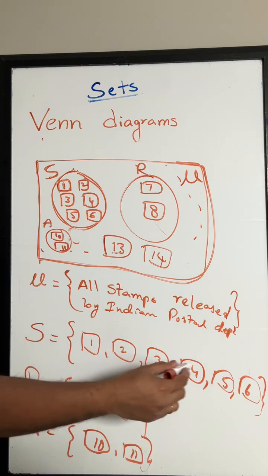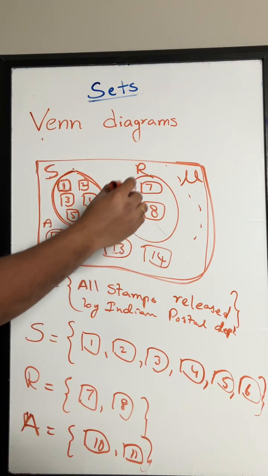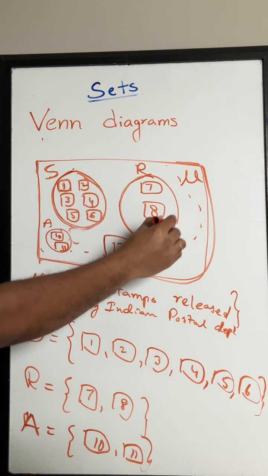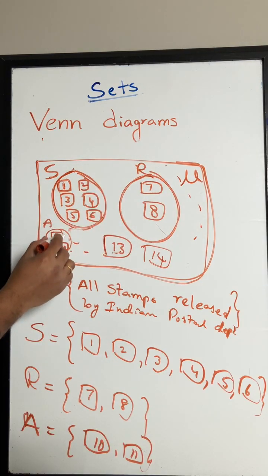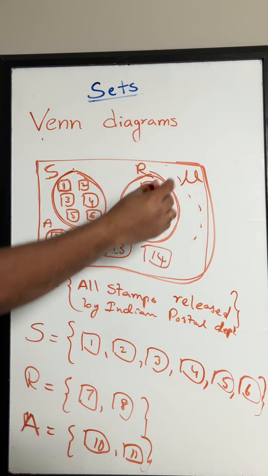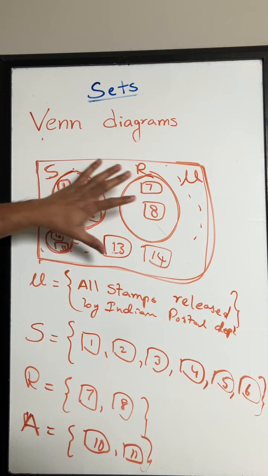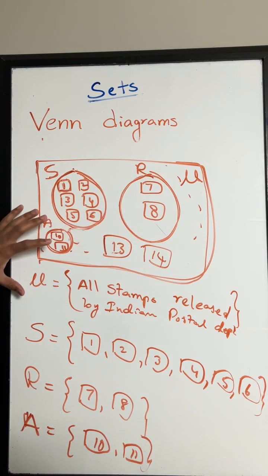Because 1, 2, 3, 4, 5, 6 belong to mine, I'll write it. These are Ranga's, 7 and 8. We write it like this. And this is Ashwini's, so 10 and 11. This doesn't belong to anyone, but it is in the universal set, so it will be here. So now you know all the parts of the Venn diagram.